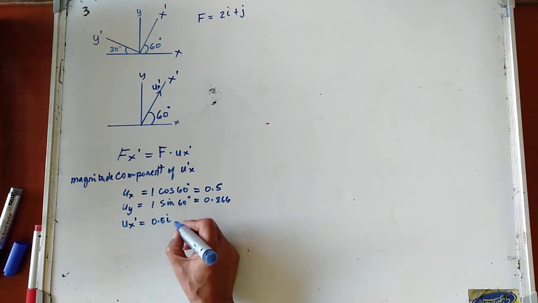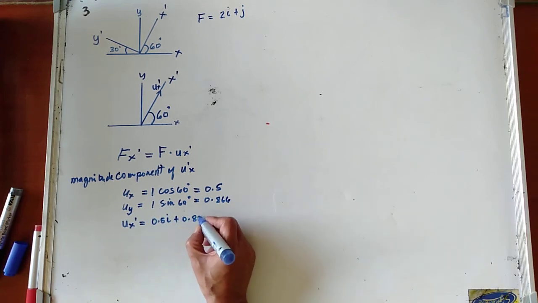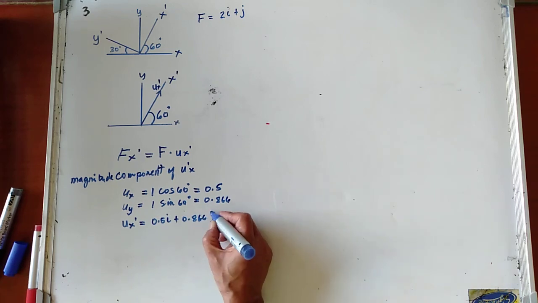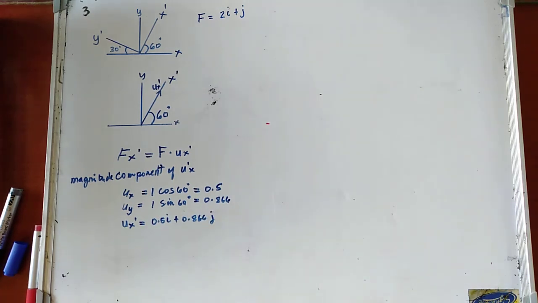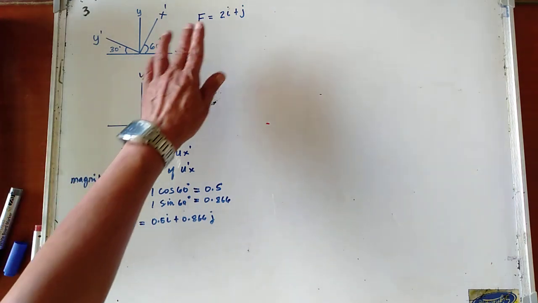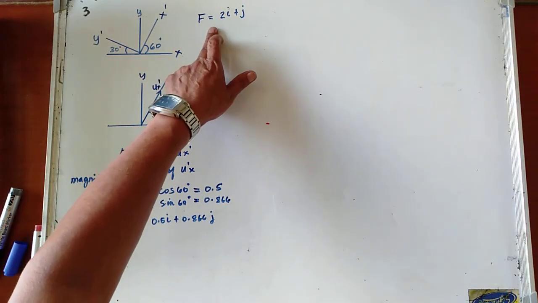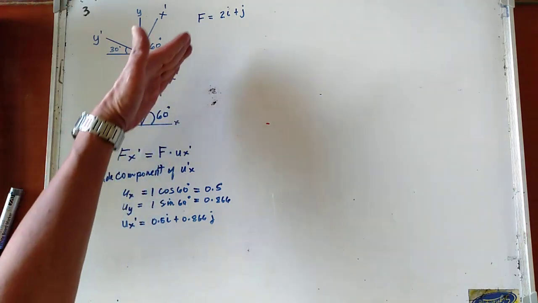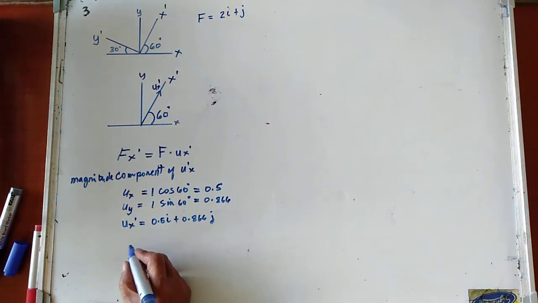Hence, the unit vector in the direction of x prime can be expressed as 0.5i plus 0.866j. Let's now determine the component of the vector F, which is equal to 2i plus j, in the direction of x prime.